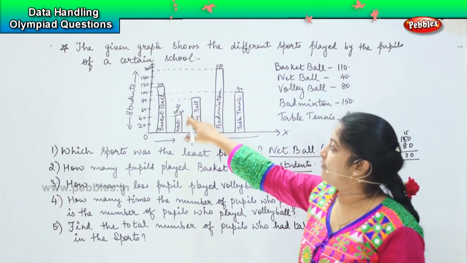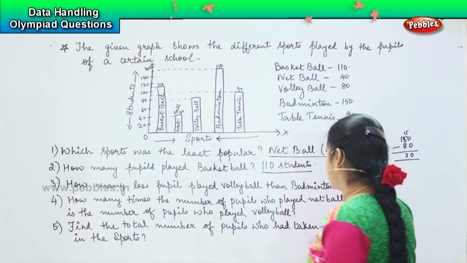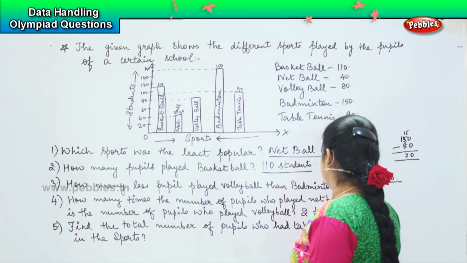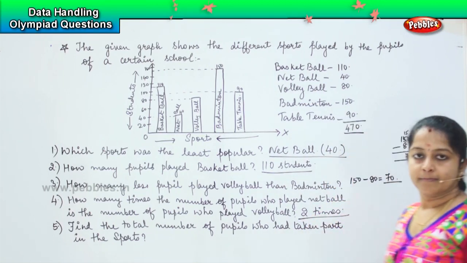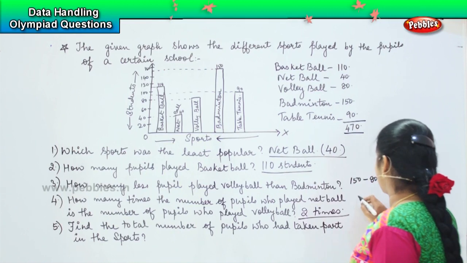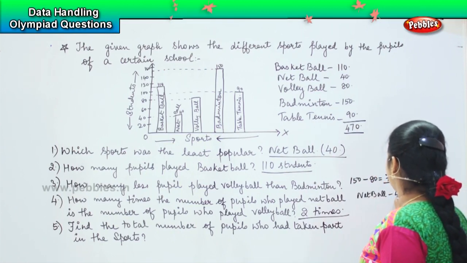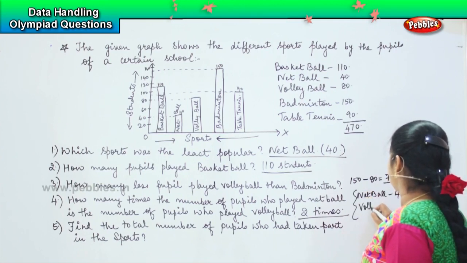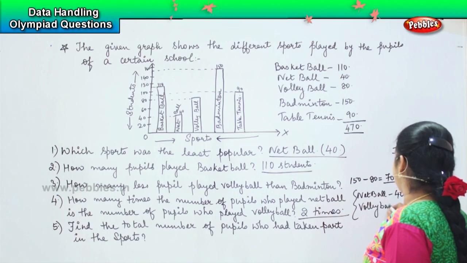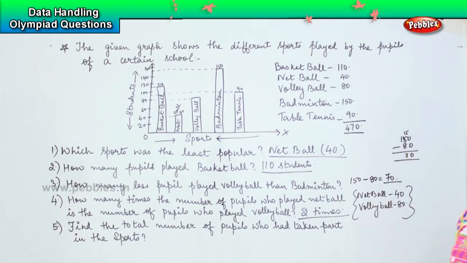So 40 and 80, it is nearly how many times? 2 times. So the answer is 2 times. Okay. And the reason why, because netball is played by 40 students, whereas volleyball is played by 80 students. So it's 2 times.